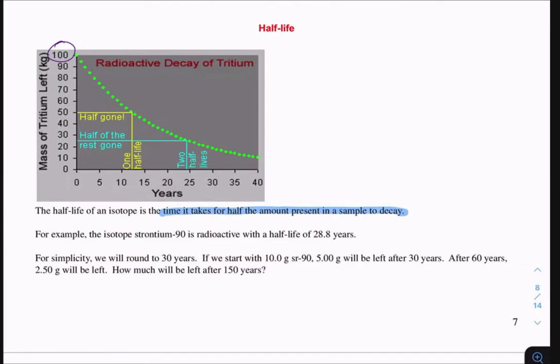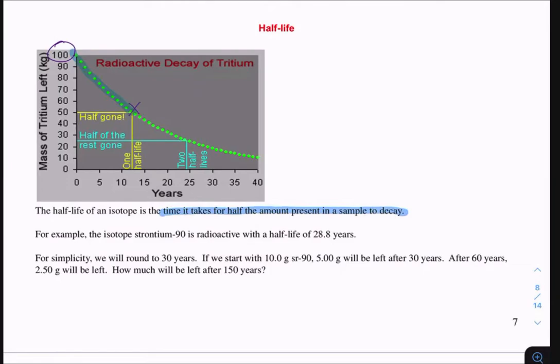So if we start with 100 kilograms and follow this down to 50 kilograms, 50 is when you now have half of what you did. We now have half the amount that we started with.